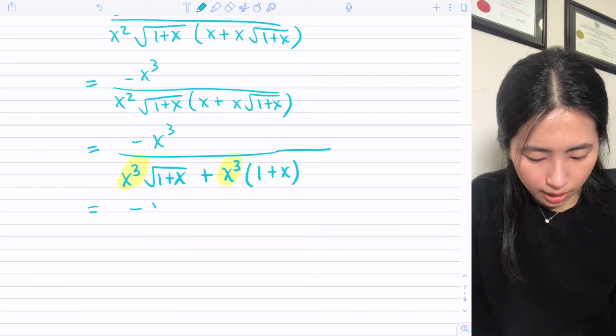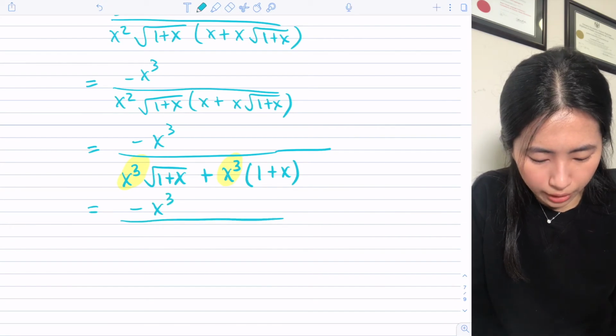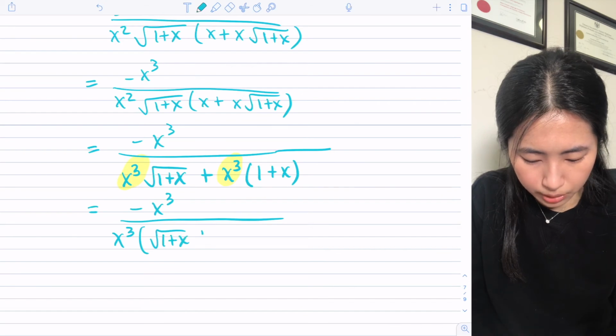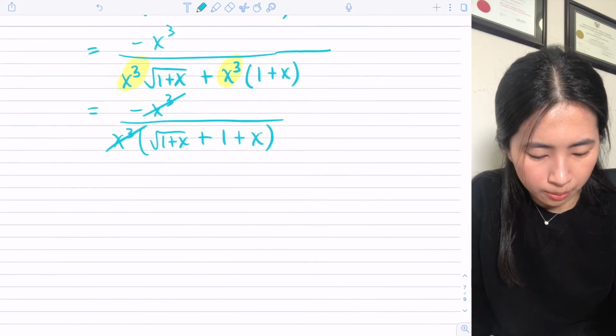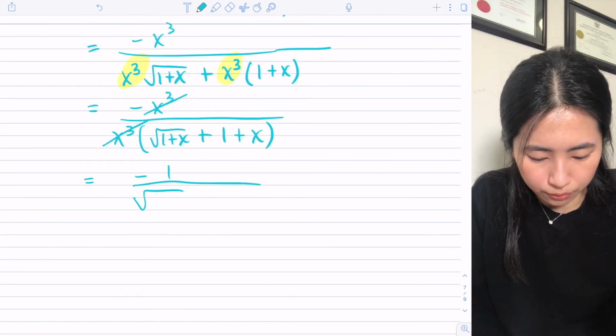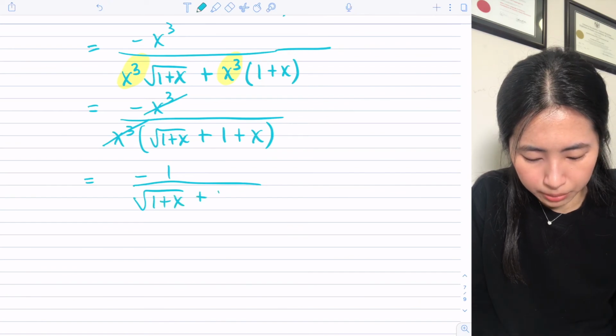So this is negative x cubed all over x cubed times square root of 1 plus x plus 1 plus x. Canceling out x cubed in both, we are left with negative 1 all over square root of 1 plus x plus 1 plus x.